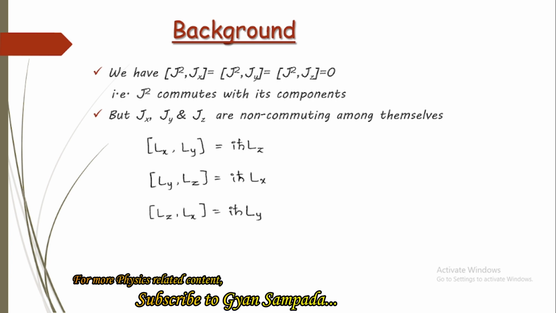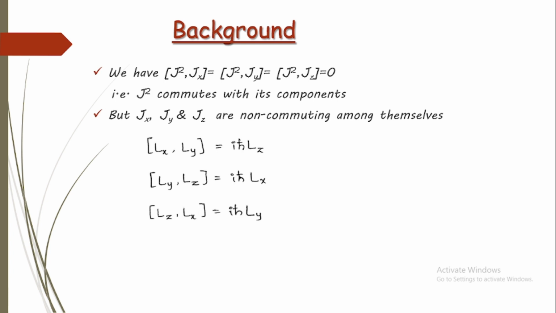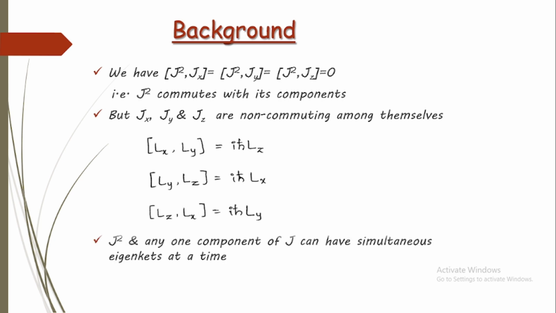Similarly, with respect to other components. In the same manner, Jx, Jy, Jz, their commutator is not equal to 0. So if we have the commutator of Jx with Jy, then we will have the value equal to i h cross Jz. Therefore, J square and any one component of J, let us say Jz, can have the simultaneous eigenkets, that is eigenfunctions, at a time.